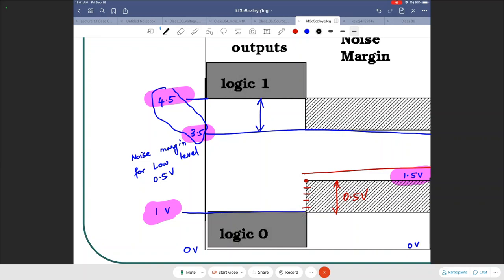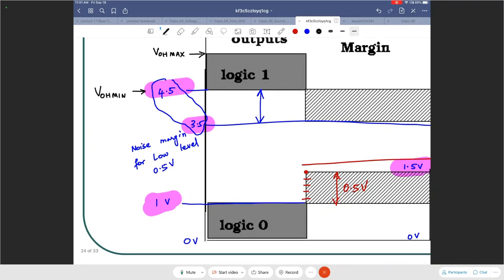So I'm going to call that V output high minimum. And then of course, this guy will be V output high maximum, which is not going to play a role in my subtraction. O for output, H for high level, minimum for the least value that is recognized as high.